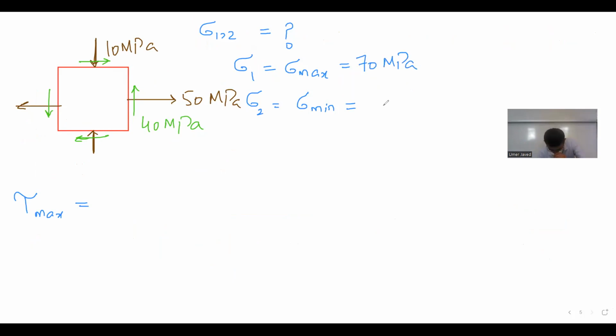He also said that stress min is, yes. For maximum, it will be 70. And minimum it will be minus 30. Okay. Now I have a question. Give me the tau max. Good. 50. Again, our students correctly did it.